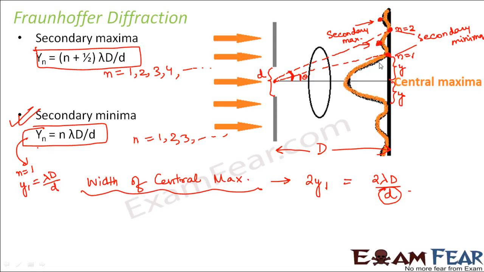If you have a very, very small opening, the width of the central maxima will be huge. That is why, in my example of a dark room with a small hole, you see a huge illuminated region, because that bright region is your central maxima, which is very, very wide.